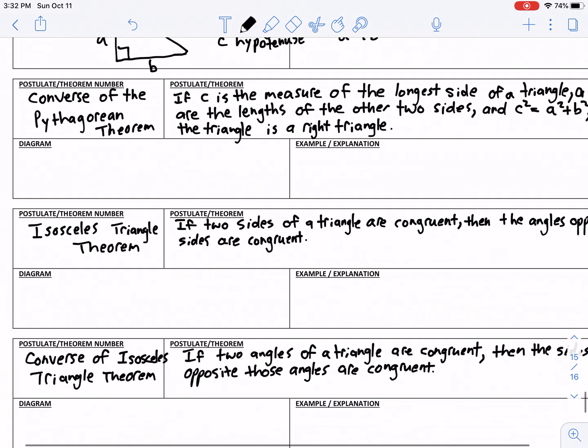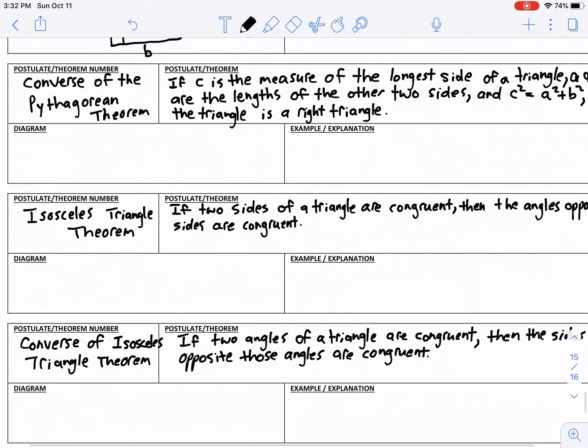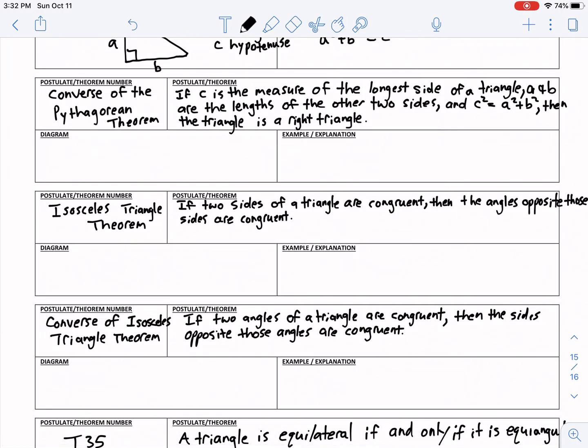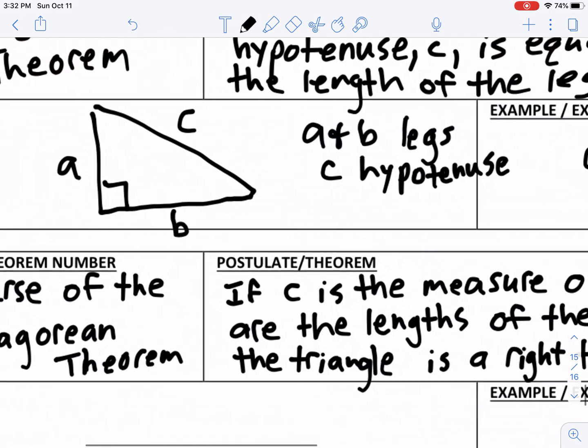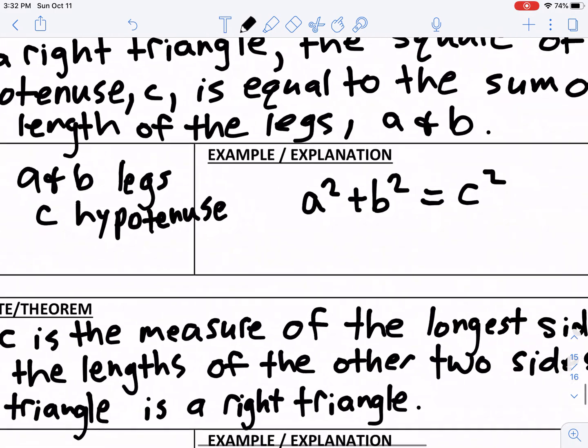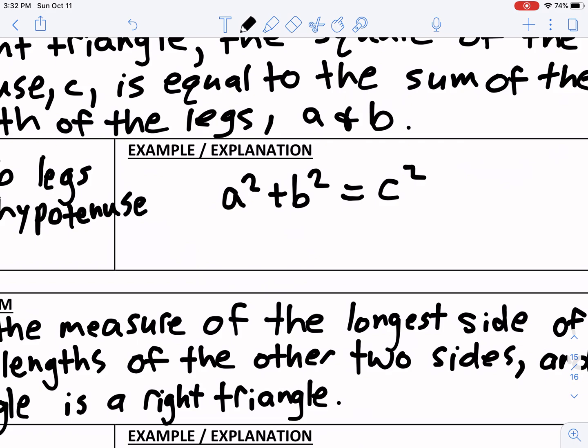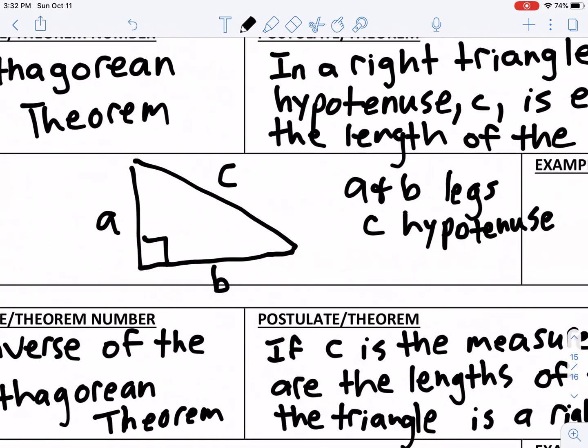Now, the converse of the Pythagorean theorem says, if C is the measure of the longest side of a triangle, and A and B are the lengths of the other two sides, and C squared equals A squared plus B squared, then the triangle is a right triangle, okay? So this is just flipping everything we just said. This said, if we have a right triangle, then A squared plus B squared equals C squared. This is doing the opposite and saying, if I know that A squared plus B squared equals C squared, then I have a right triangle.